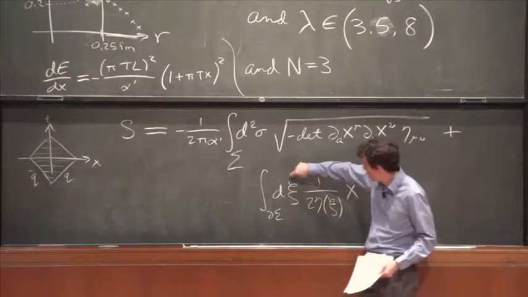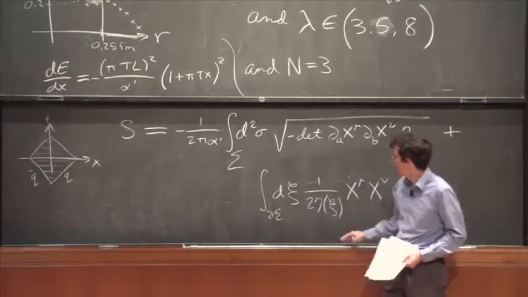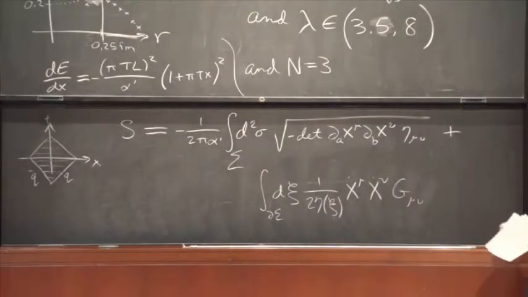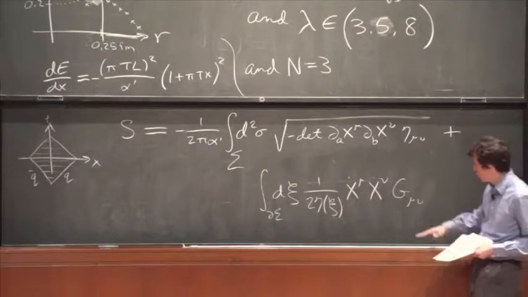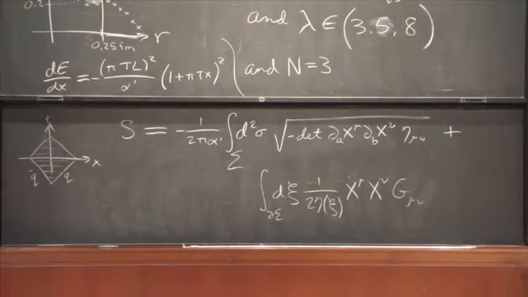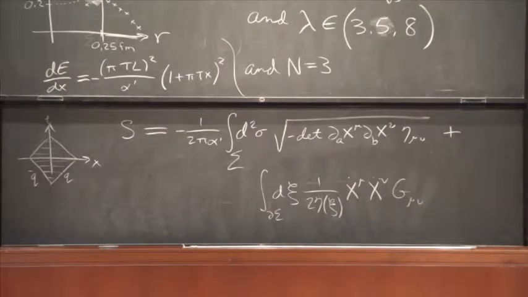Psi is some arbitrary variable which is parameterizing the boundary of the world sheet, and eta of psi is a corresponding metric for that parameterization of the boundary. Anyway, so this term is a nice traditional term for a massless particle. And the funny thing is that I claim in the most natural gauges that you need to include this term in the description of the string physics, the classical string physics.